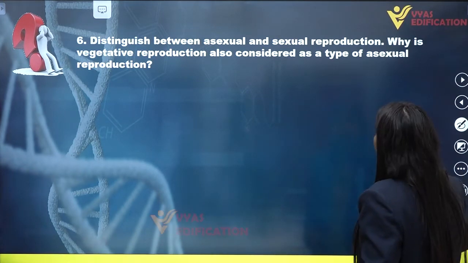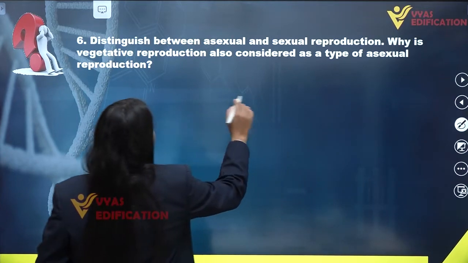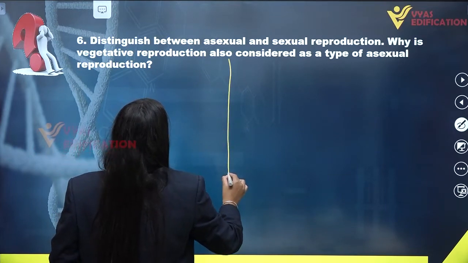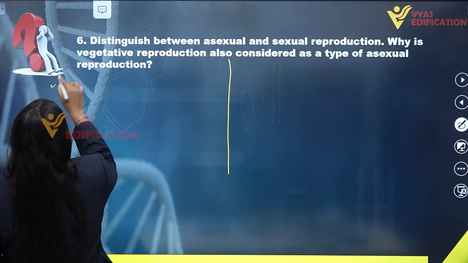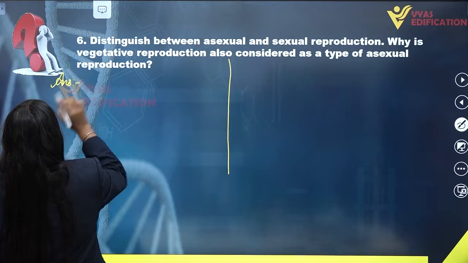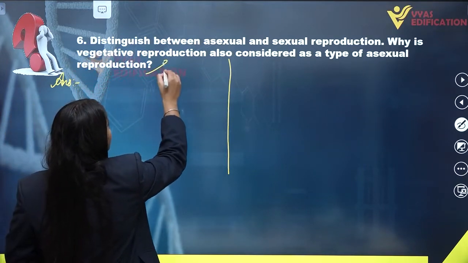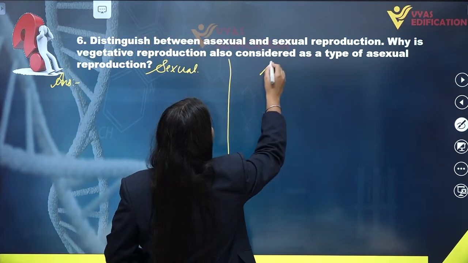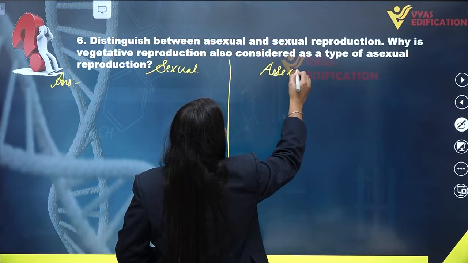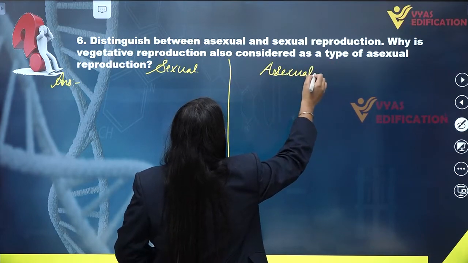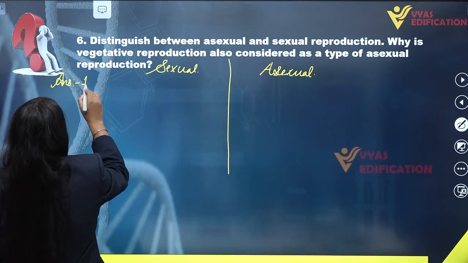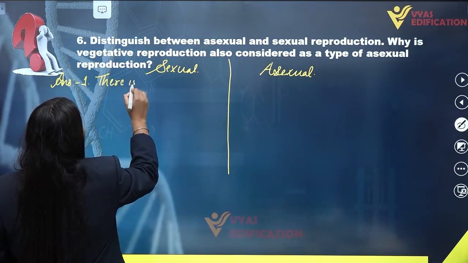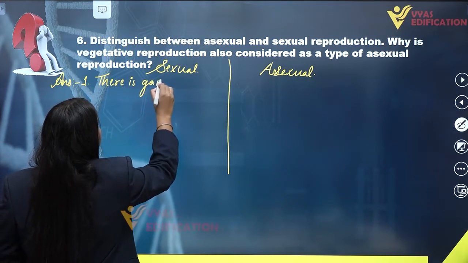So first of all, we are going to write about the differences between asexual and sexual reproduction. On the left we are going to talk about the asexual one, and on the right the sexual one. First we talk about sexual reproduction: there is gametic fusion.